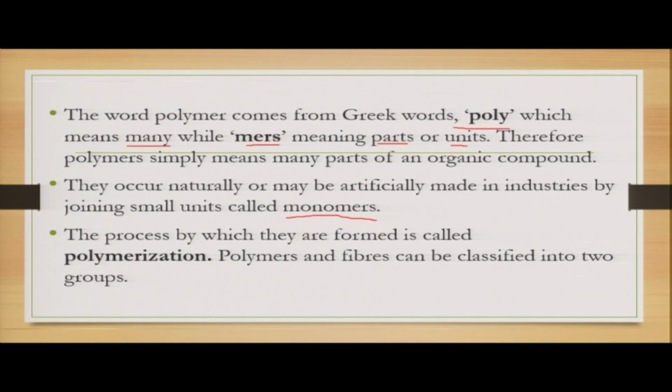If they are artificially made in industries, then they have to join those small, single units. Those single units are called monomers. Mono means one. Mers, we have seen above, means parts.